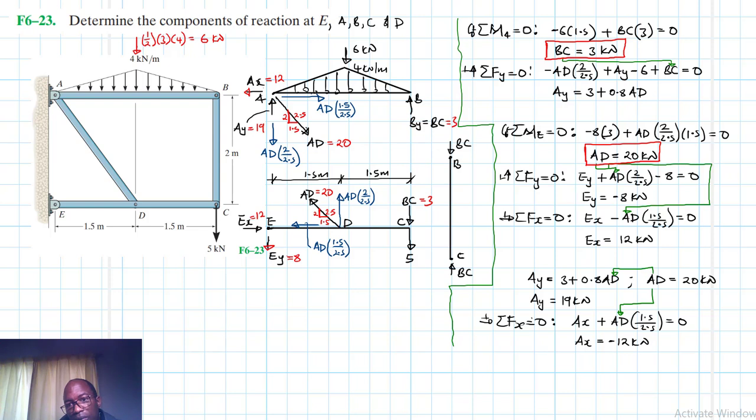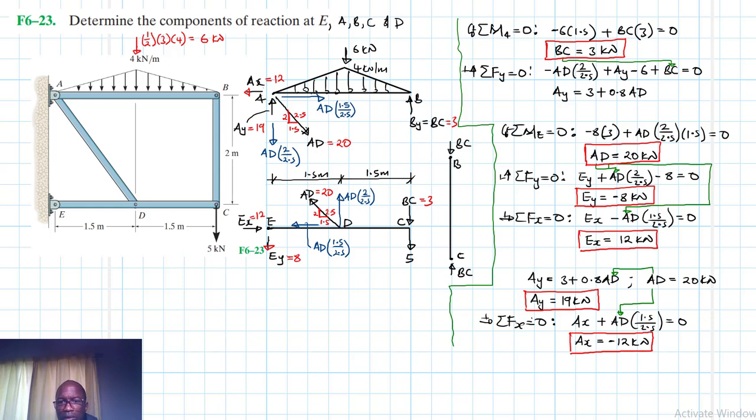Then we have EY, just the direction that changes. Then we have EX, the direction is the same. Then we have AY, and the direction is the same. We have AX, the direction changes. I think this is about it.